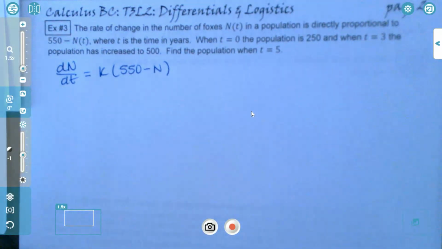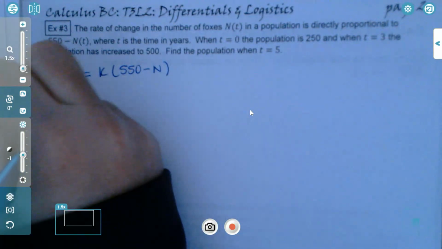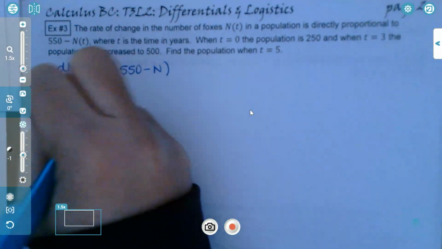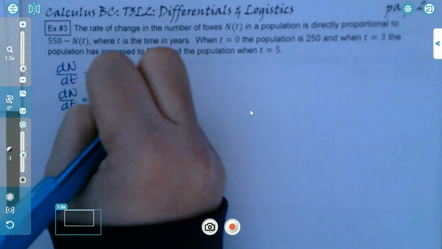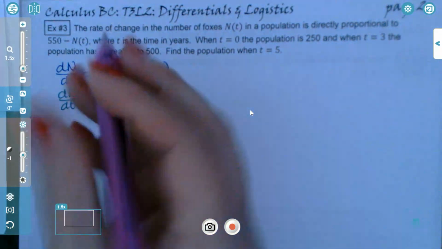Okay, nice and pretty. All right, so again, we want everything to be opposite of each other, so I'm going to start by moving that 550 minus n down. So it's going to become 550 minus n to the negative 1 power. Cross multiply.